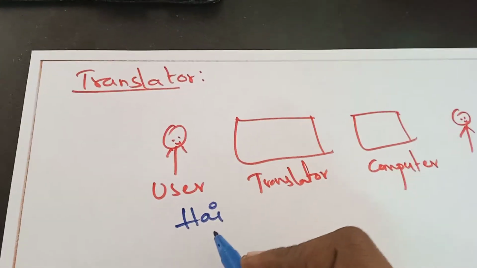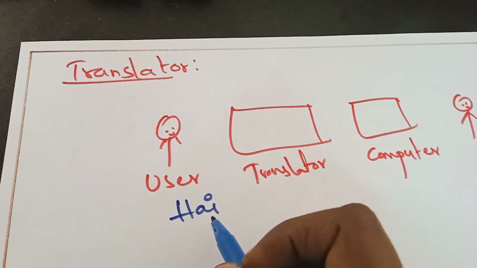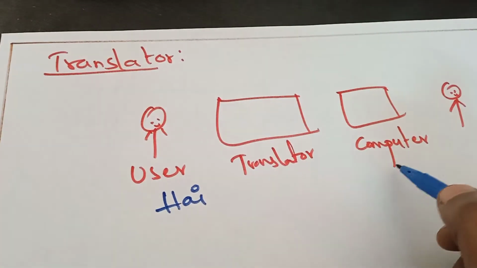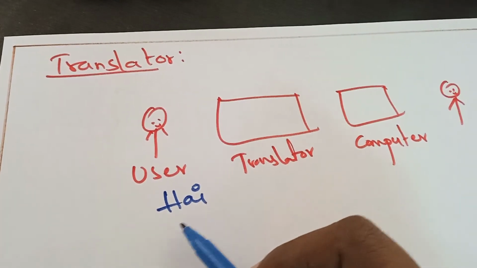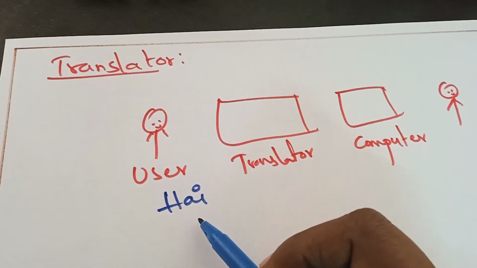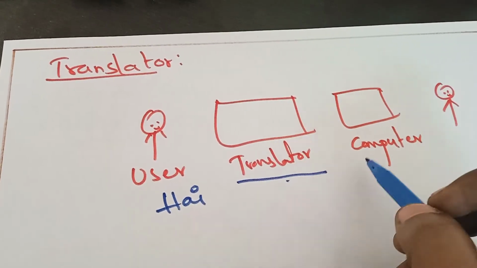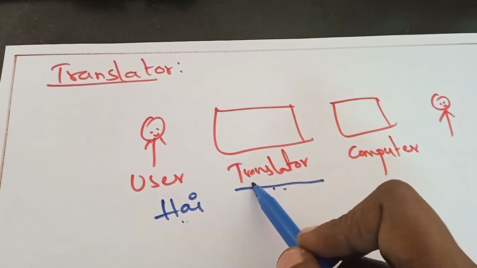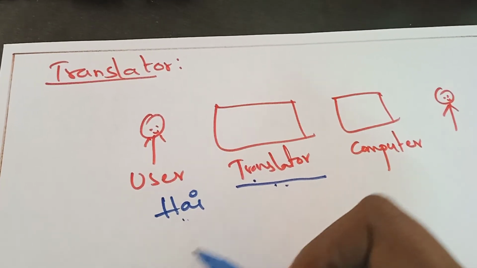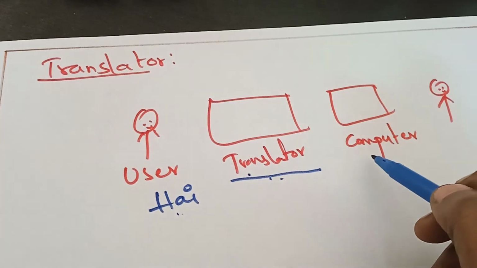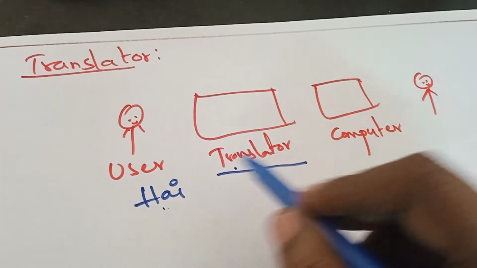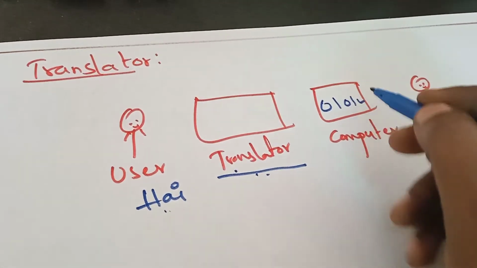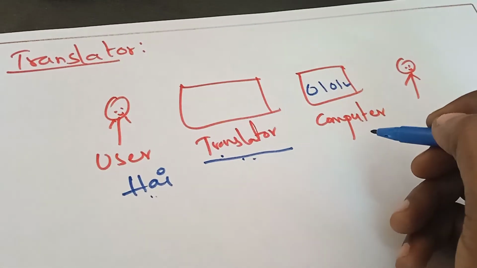Let us take this example: he wants to execute a program, or tell the computer, "hi". Obviously the computer will not understand this "hi" because it is not written in terms of zeros and ones. So there should be a translator in between, which takes the user's input and translates this "hi" message to a system-understandable level. When it translates it, it will be treated as some zeros and ones. Now the computer can understand.